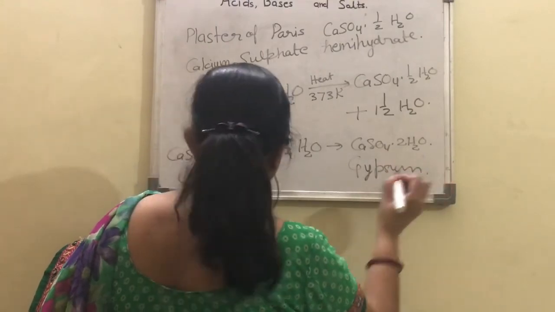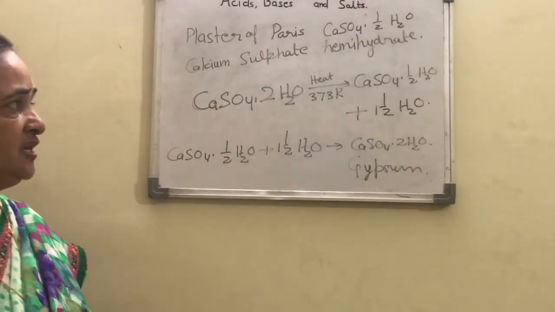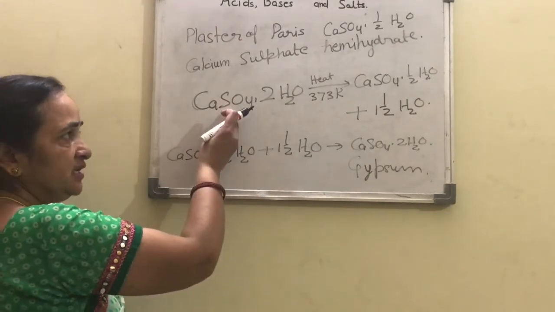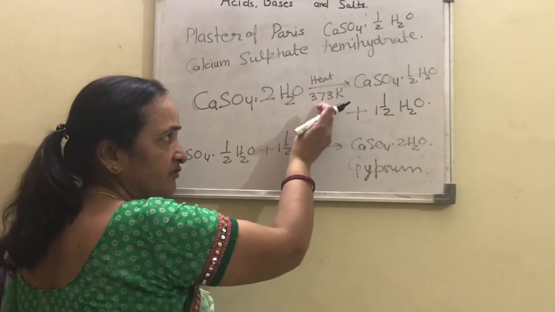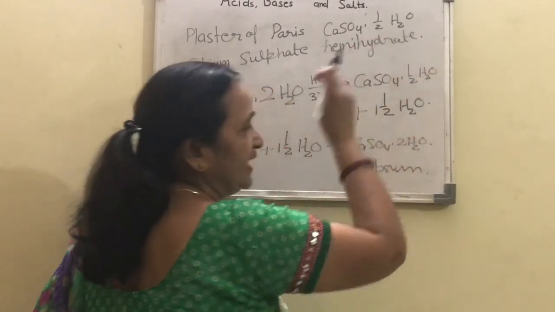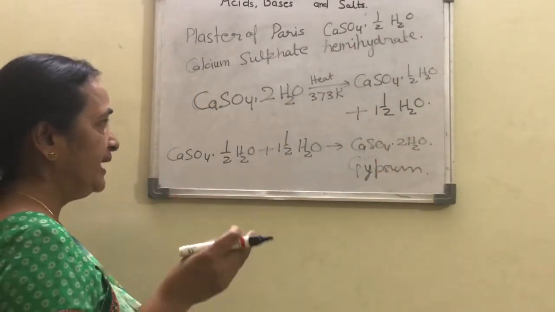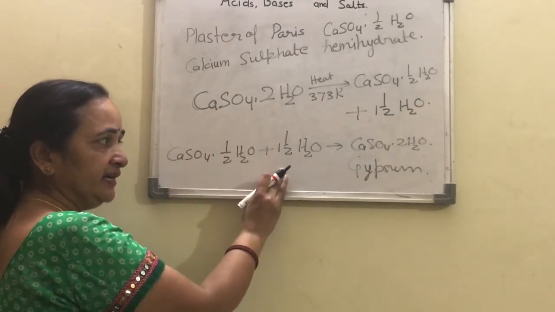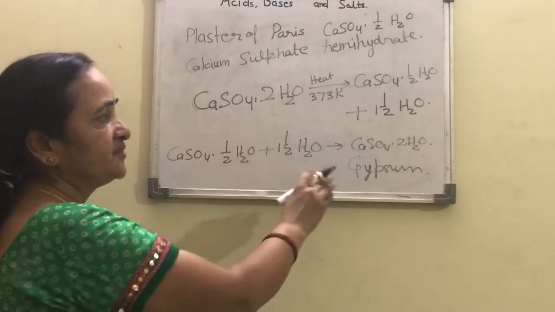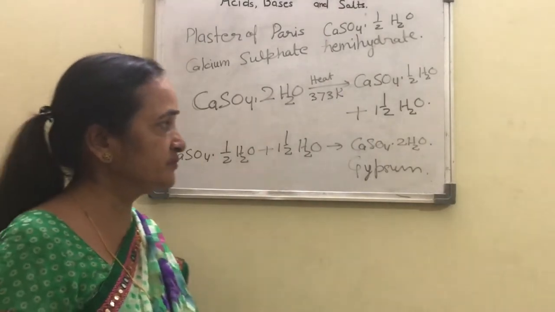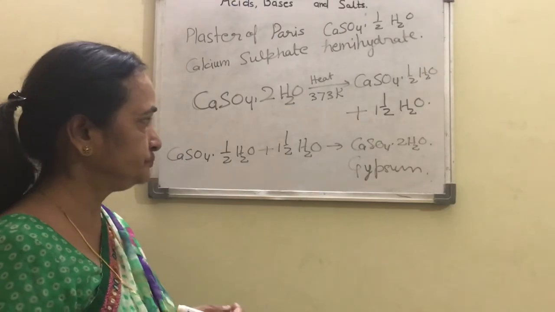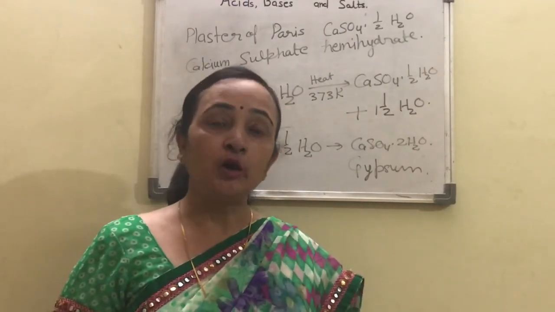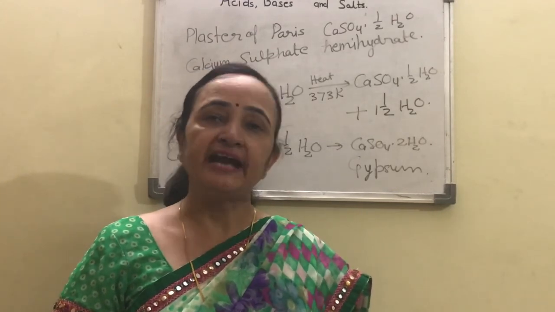So this way you can see that preparation and properties are just opposite. For preparing, gypsum is heated at 373 Kelvin and it converts into the plaster of Paris. And then when in this plaster of Paris water is added, then gypsum is formed, and it is a very hard substance and it can be used by the doctors for joining the fractured bones at the right position.